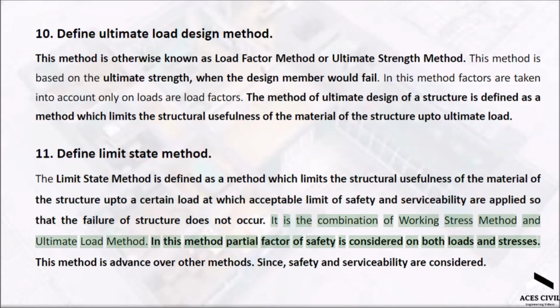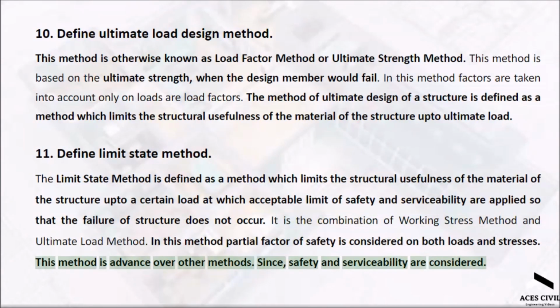It is the combination of working stress method and ultimate load method. In this method, partial factor of safety is considered on both loads and stresses. This method is advanced over other methods, since safety and serviceability are considered.